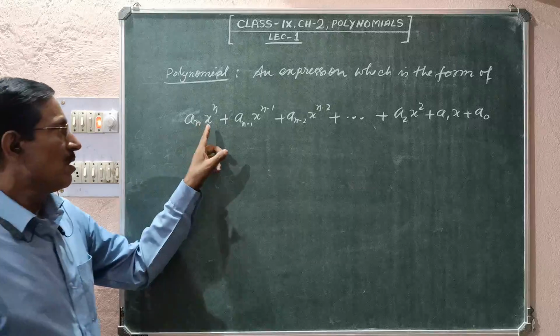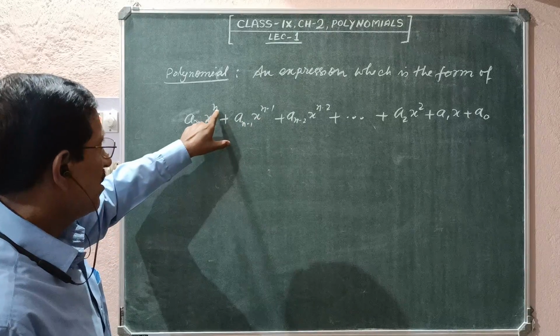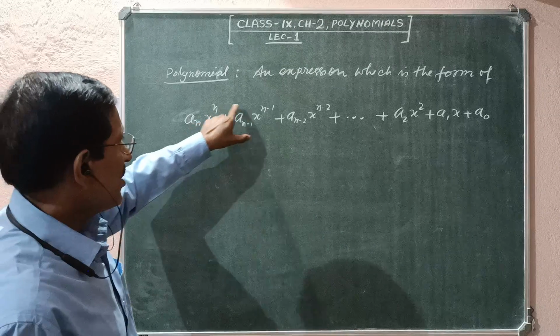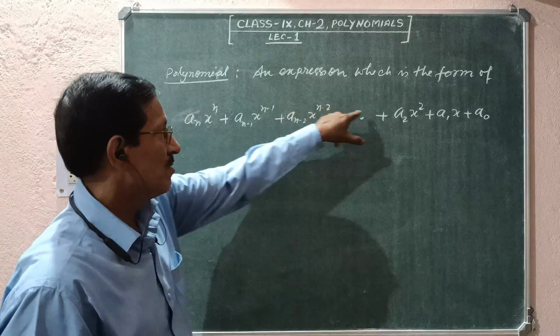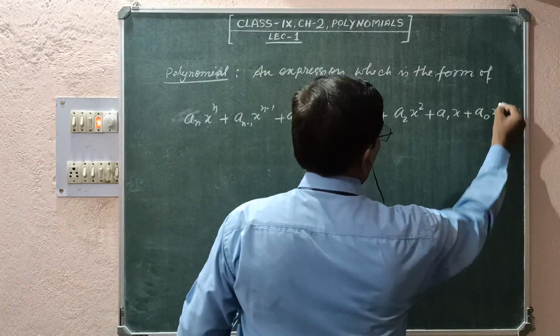That means the power is in descending order. Its power is descending by 1, and at last its power becomes 0.